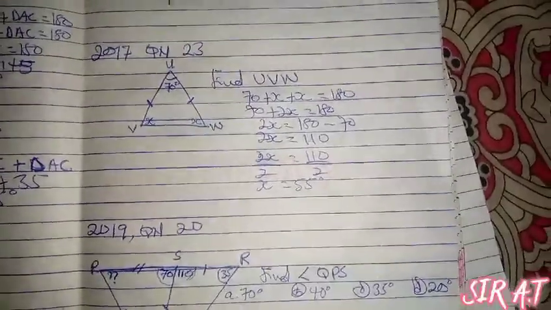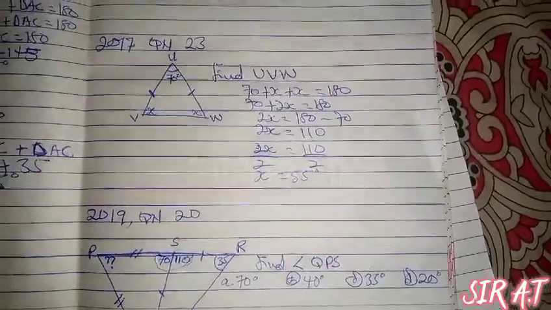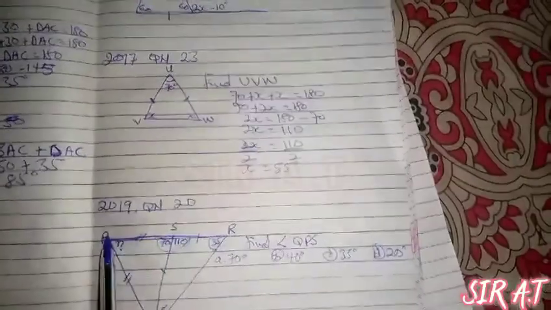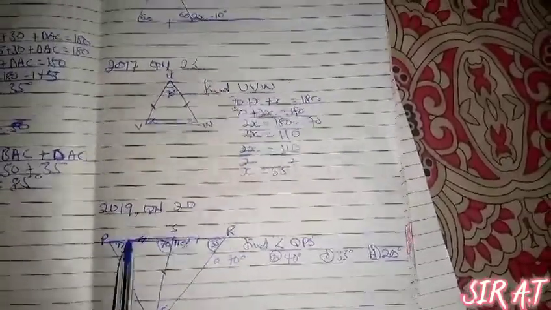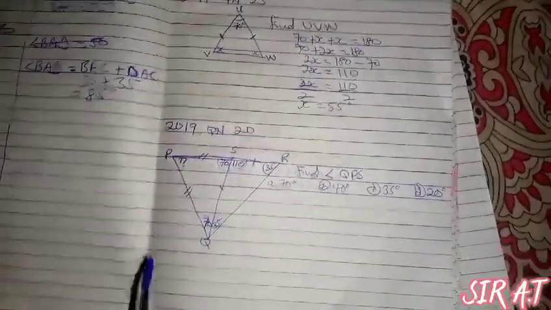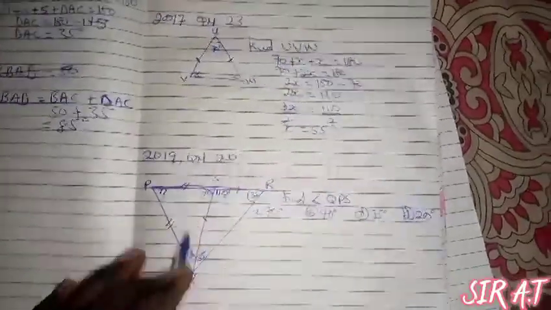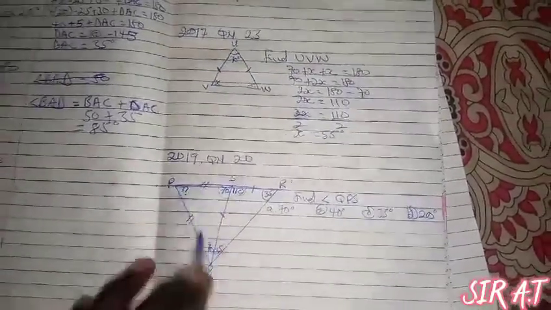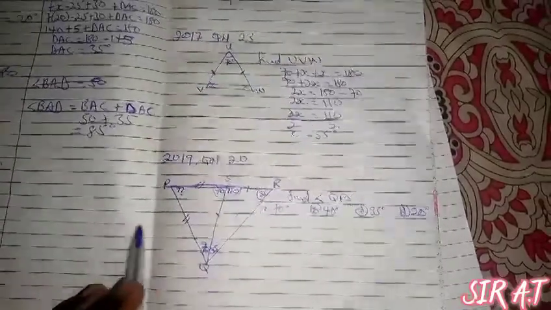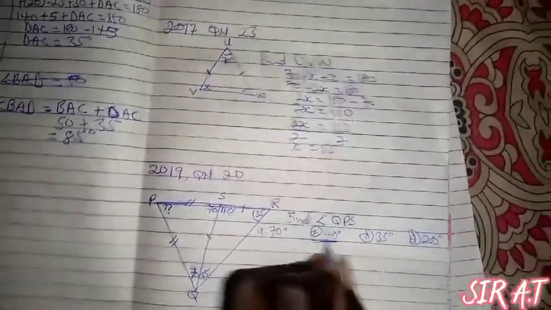These two equal lines are meeting here, so this is the odd one, and this and that are the same. So this is also 70. So 70 plus 70 gives you 140. You subtract 140 from 180 because the sum will also give you 180. So you are getting 40 degrees.